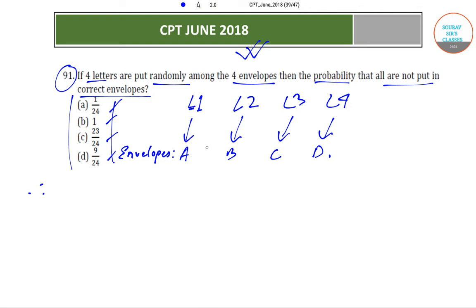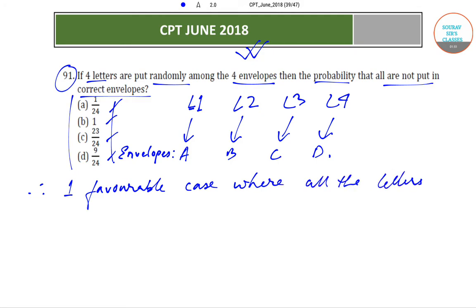L1 will go to A, L2 will go to B, L3 will go to C and L4 will go to D. So there is only one favorable case where all the letters are in correct envelopes. So this is the scenario for correct envelopes.